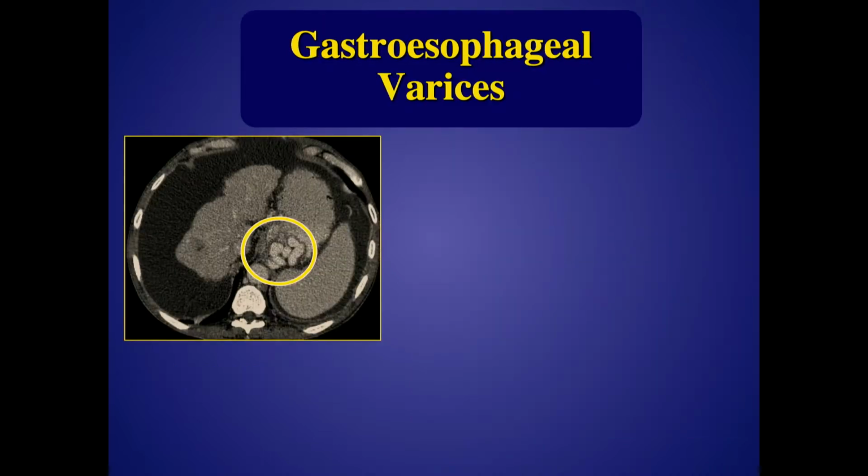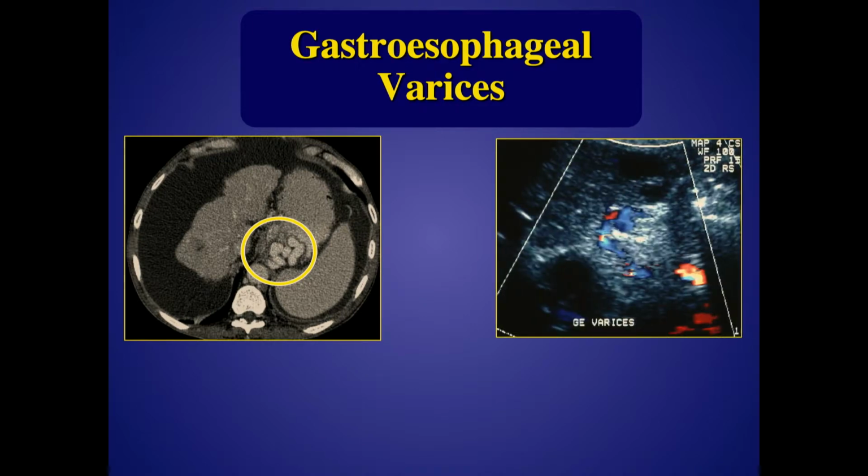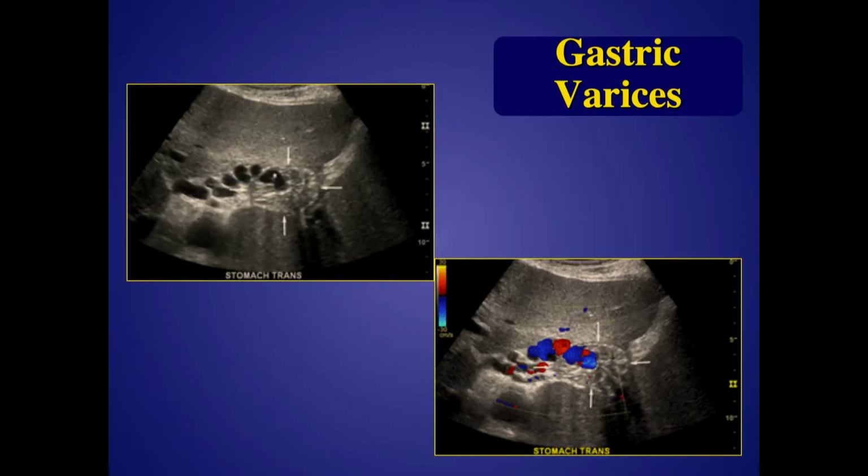Here on CT, you identify them in the typical location around the stomach. You can see these enlarged gastroesophageal varices. On ultrasound, the key is to scan around the left lobe. The left lobe is your window to that cardiac area of the stomach, and you can pick up the varices. And here they are on angiography. Again, left lobe is the key.